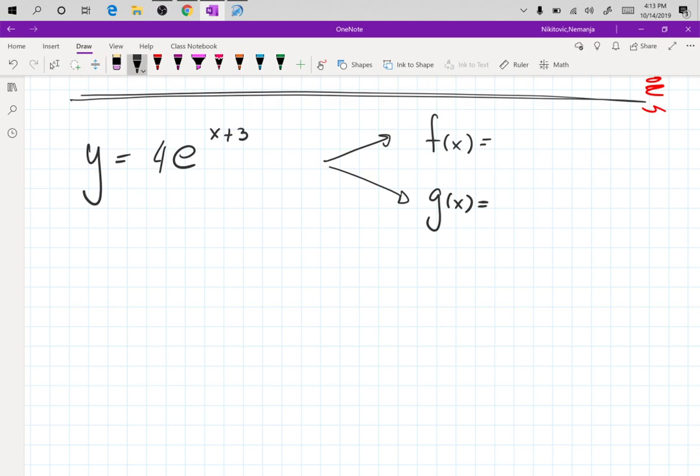F is 4e to the x, yes. Very good. So 4e to the x would be the basic one, and then we have x plus 3 for the other one.